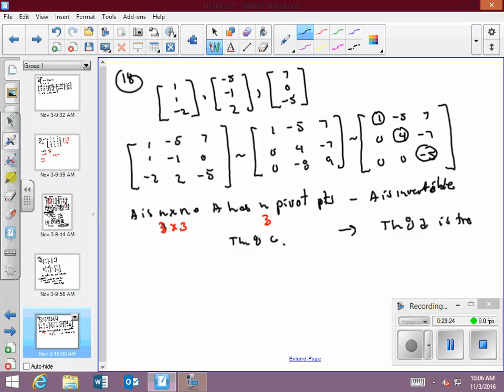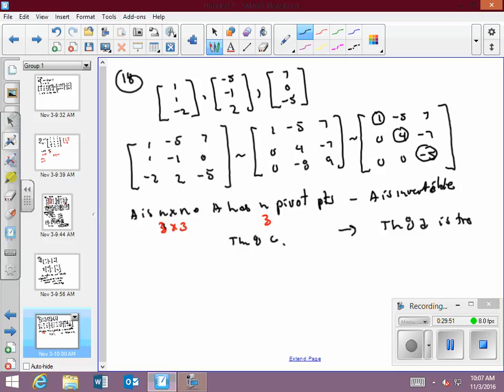Okay, if that's true, and if you look at example 5 on page 150, it says the columns of an invertible n by n matrix form a basis for all of Rn.